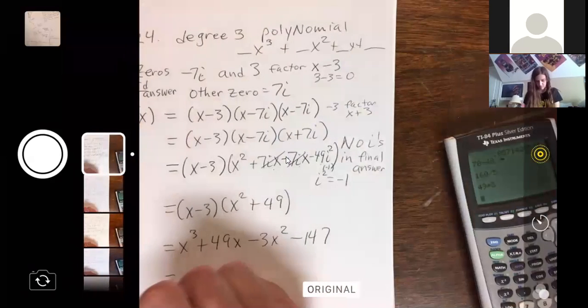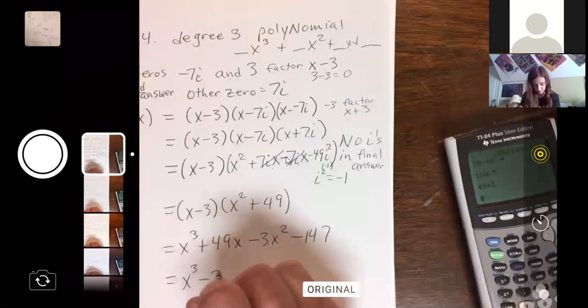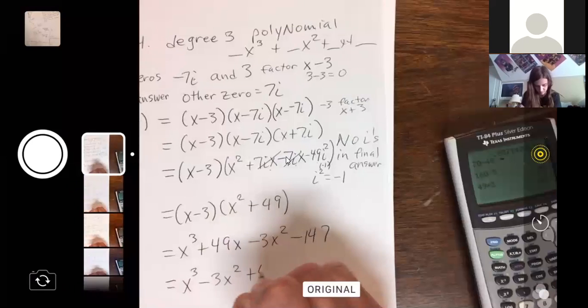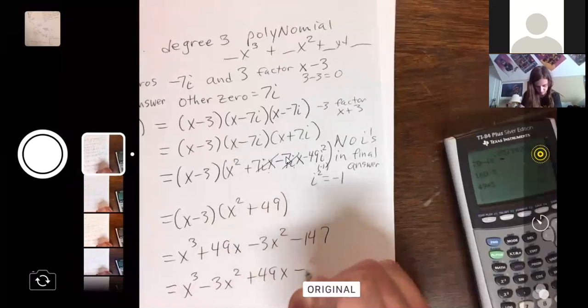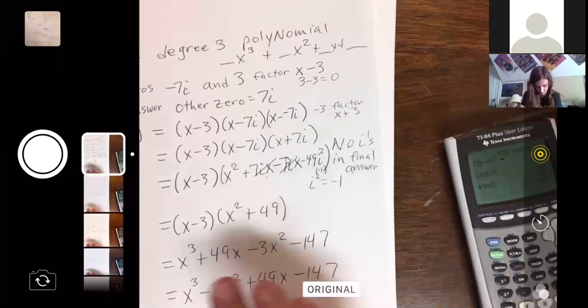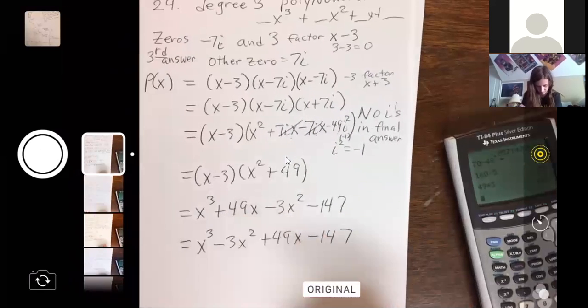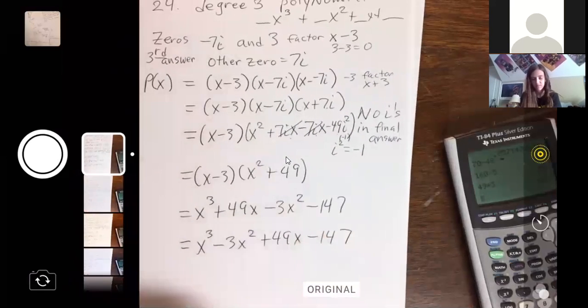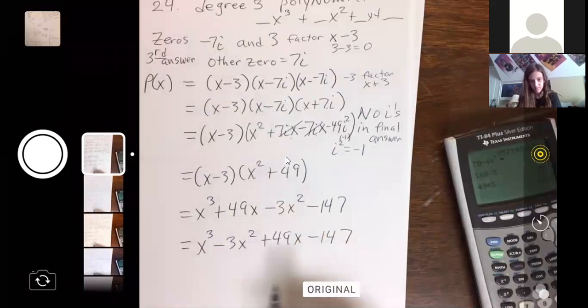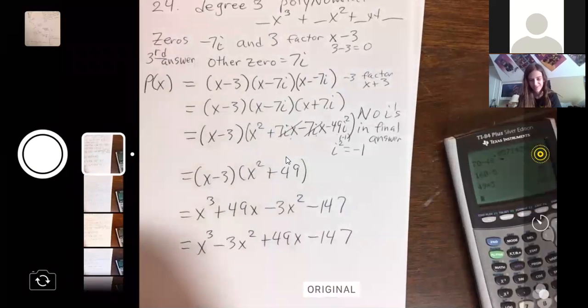So just to make it neater, we'll make it x cubed minus 3x squared plus 49x minus 147. No i's in it. And if I plug 3 in it, you'll get 0. If I plug 7i in it and you got the patience to work it out, you'll get 0. You can't do that directly on the calculator. And negative 7i in it. You got the patience to see any of that, or do you believe?